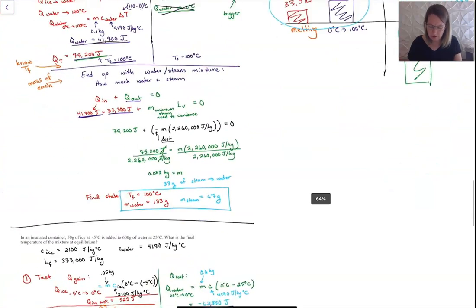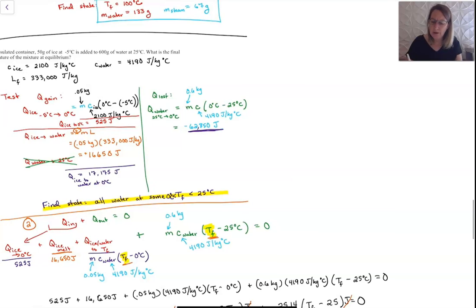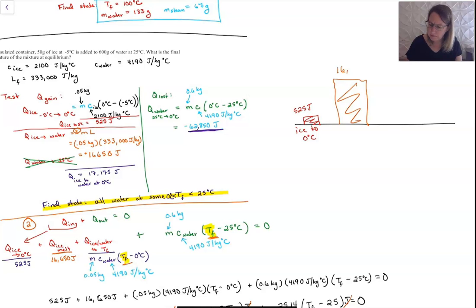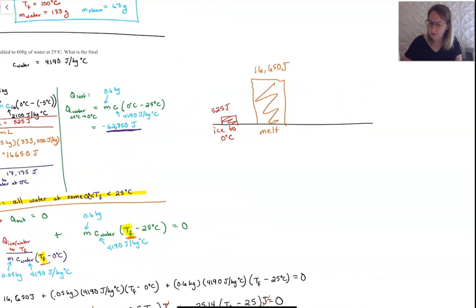Over here, in the second problem, we can do the same sort of thing. For our ice, first we have a really small amount, the 525 joules. That's to get ice to 0 C. And then we had this amount to melt it. And then over here, we had quite a bit more.